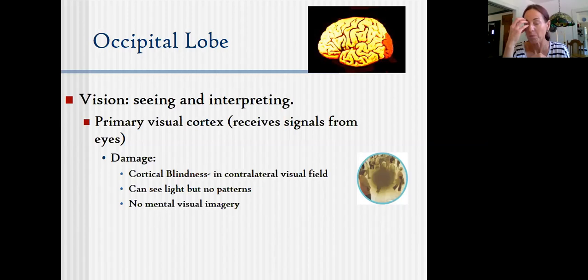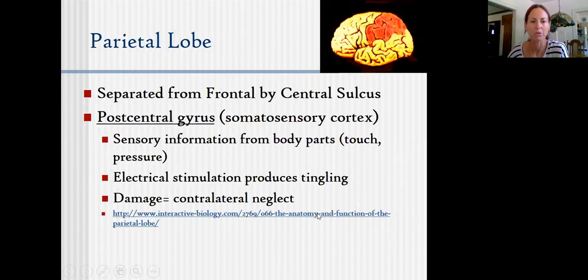Typically, people who are blind because of damage to their eyes can still imagine an elephant, for example, and kind of see it in their mind. But people with cortical blindness do not even have that. They just don't have the mental imagery. Okay, let's move along to the parietal lobe.